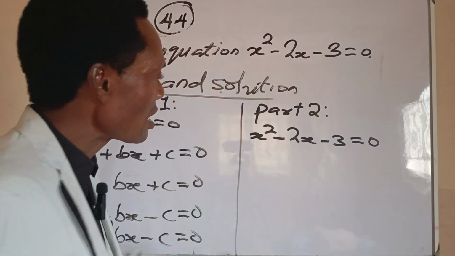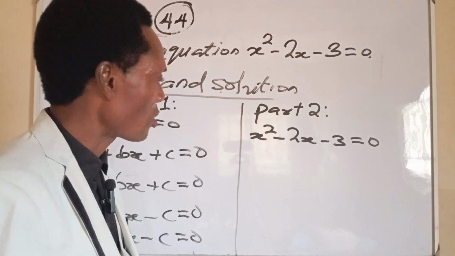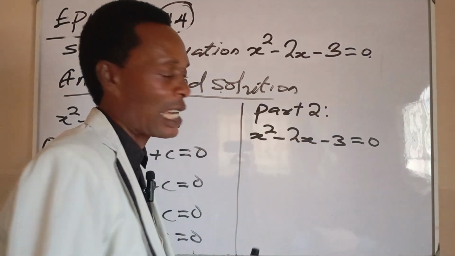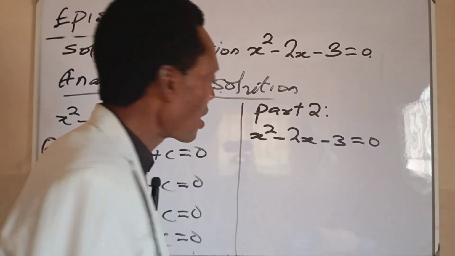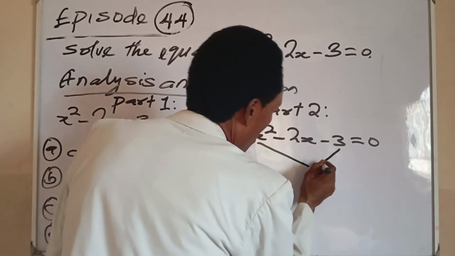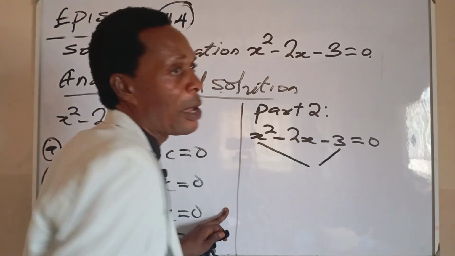So to resolve this kind of problem without waste of time, because it's an objective question, you have to multiply the first term with the constant term, which is the third term there. So you are saying s squared times minus 3.